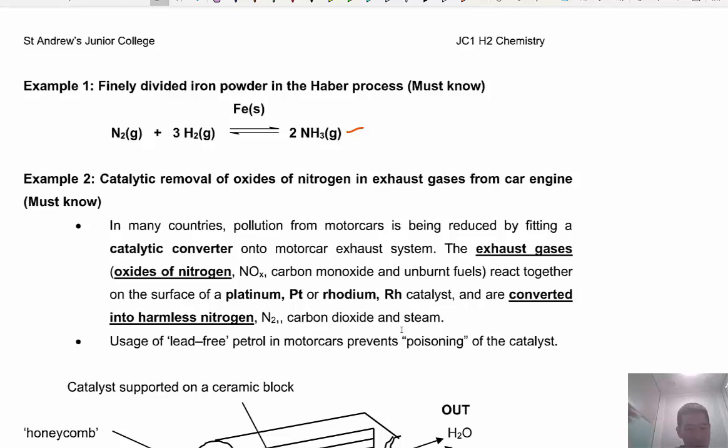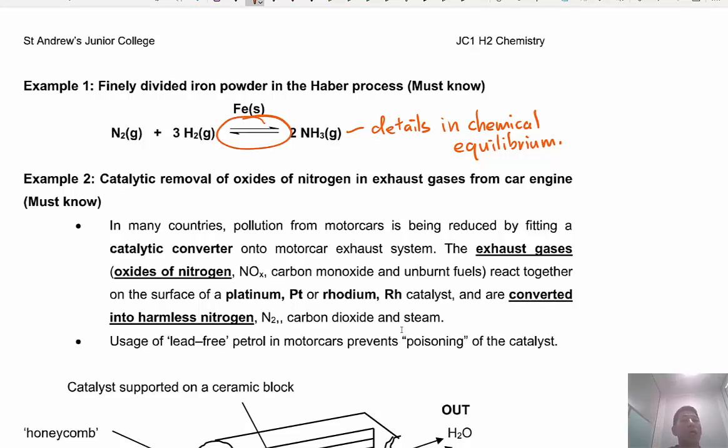You may say, where are all the details? The details will be in chemical equilibria, which is actually the next chapter, in fact. Why we don't talk about the catalysis here is because you'll notice, hey, this is a reversible arrow reaction. Okay, that's why the details will be covered in chemical equilibria instead.